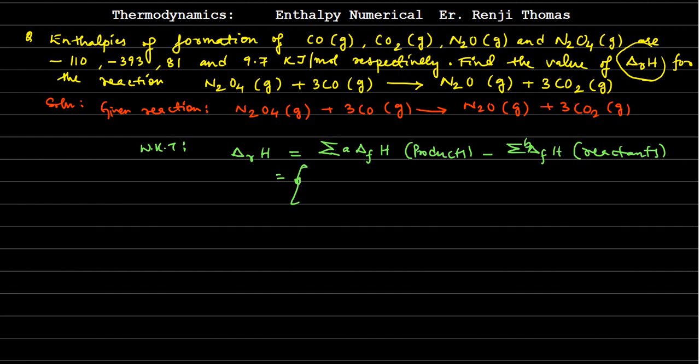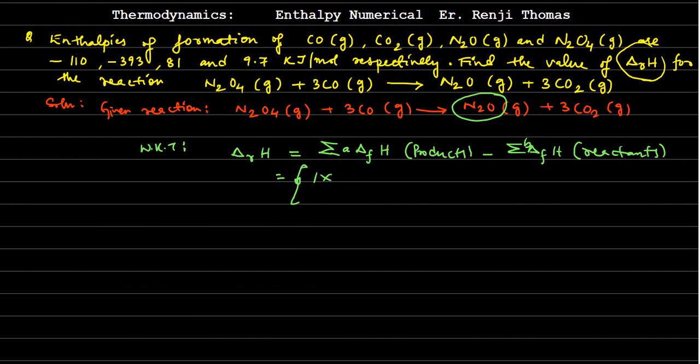So if you see on the right side of the reaction, you see N2O gas and you see CO2 gas. So you see only 1 mole of N2O is present, so you just multiply 1 into N2O gas. So for that we are going to take the value of that particular enthalpy there.